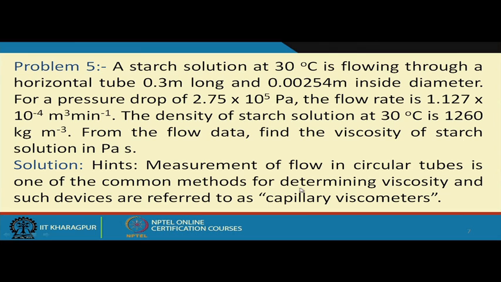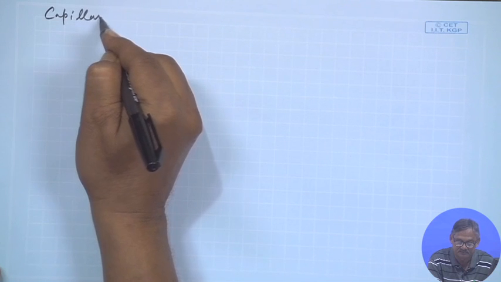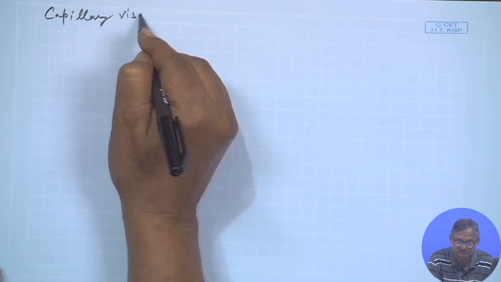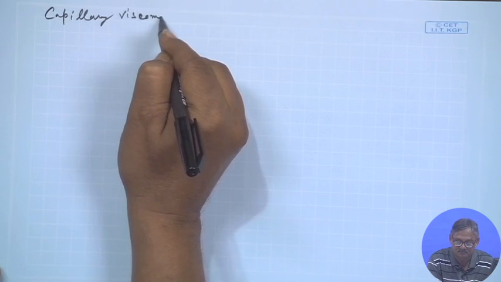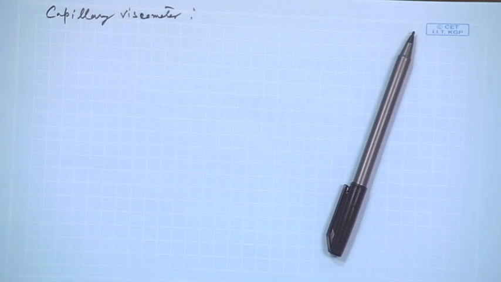One thing we have given as a hint is that measurement of flow in circular tubes is one of the common methods of determining viscosity, and such devices are referred to as capillary viscometer. So, this is nothing but a problem of capillary viscometer. If we find the viscosity, we will tell that this is the viscosity as measured by the capillary viscometer.